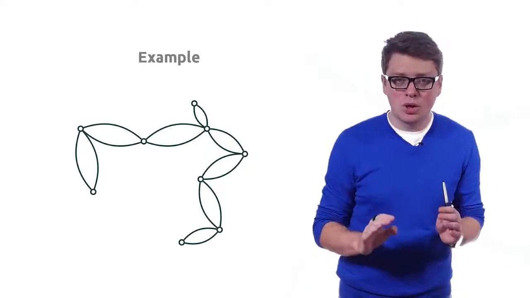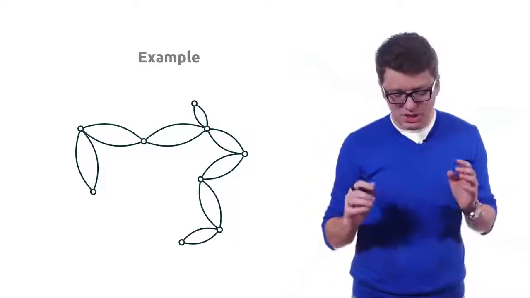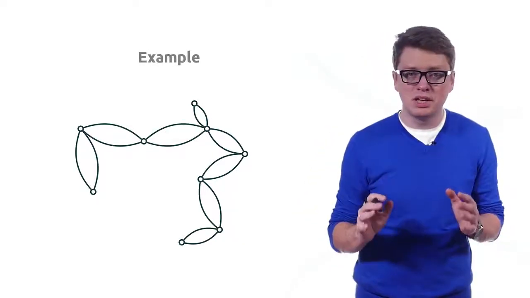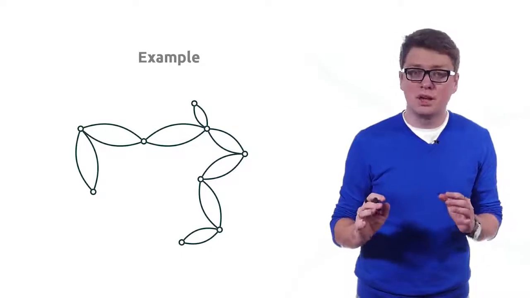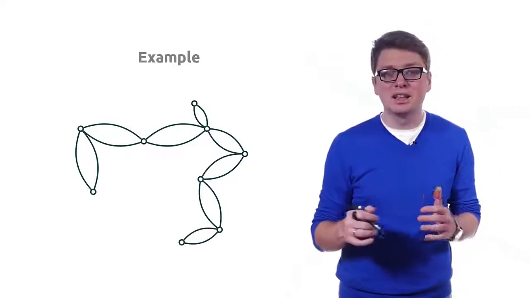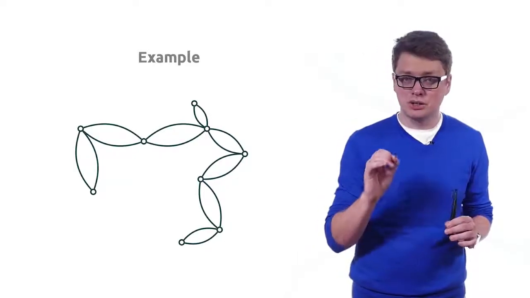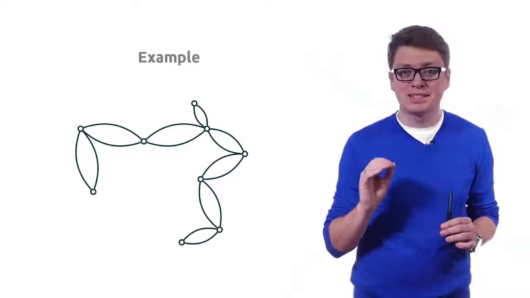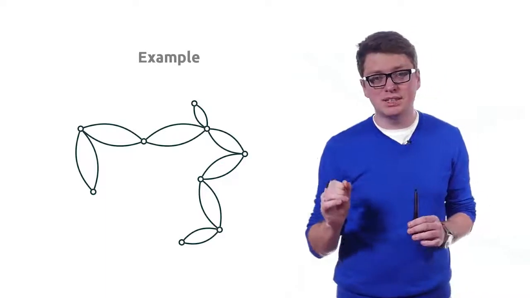Right? And now what we see here is that the degree of every node here is even, right? Which means that the resulting graph is Eulerian. There is a cycle that visits every edge, not every node, but every edge exactly once. And we can easily find such a cycle.